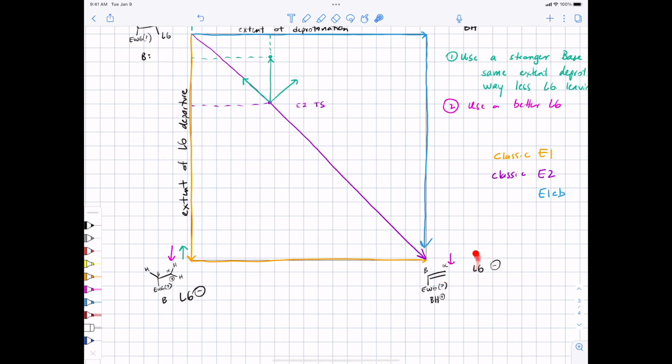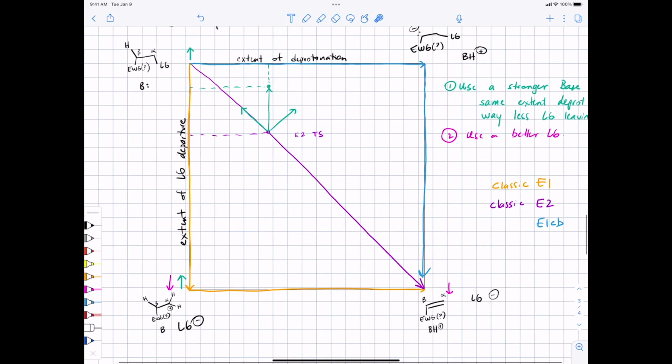If I lower the energy of the products, that means the transition state will again resemble starting materials more. So I'm going to just put another arrow there. That's the Hammond effect. If I lower the energy of this corner, that's the rolling marble on a sheet effect. We're going to see a pull perpendicular to the line towards this end. And if we do our vector math, the overall effect puts our new transition state here.